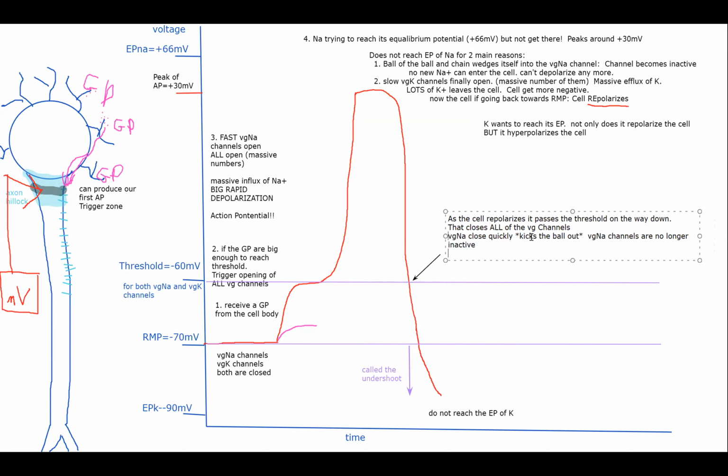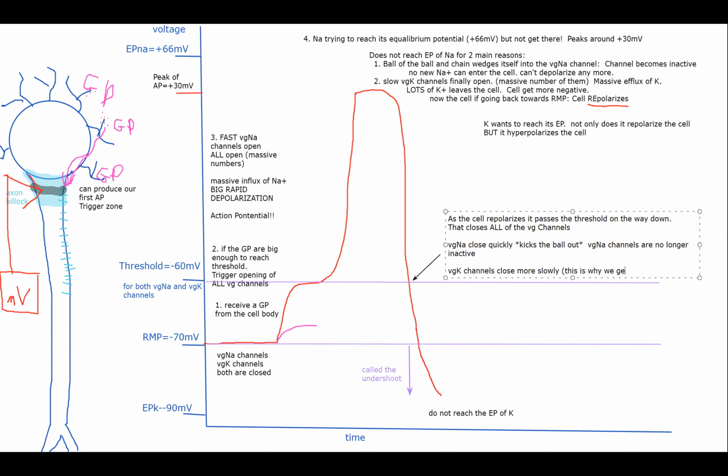However, as we talked about, notice our voltage-gated potassium channels close more slowly. And because they close more slowly, this is why we get the undershoot. Because as long as they stay open, the cell is going to try to reach its equilibrium potential. Right?